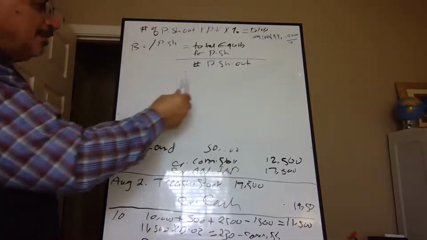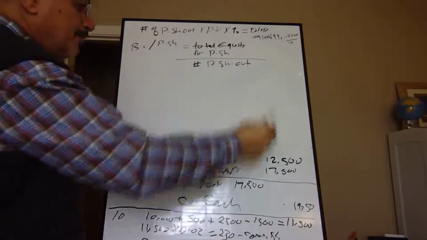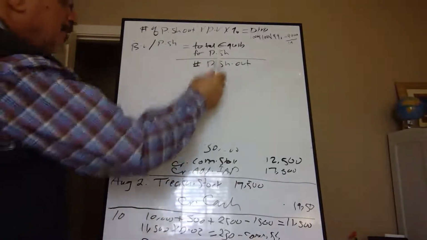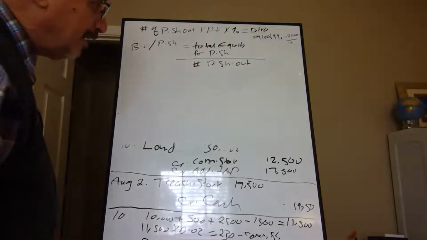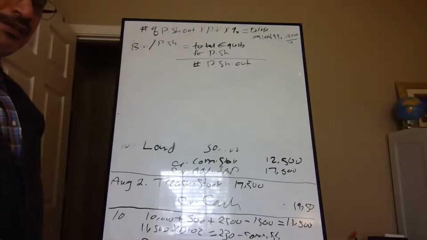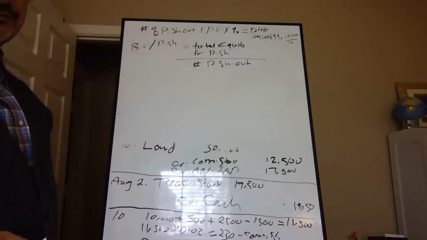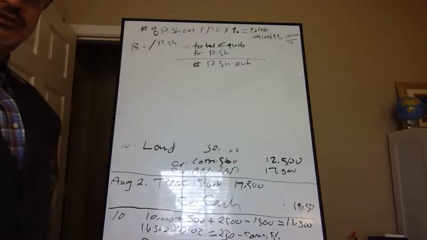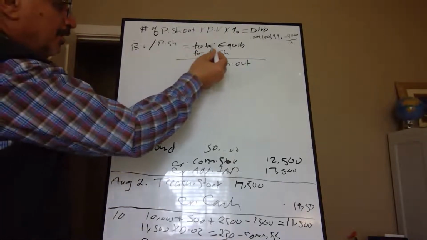Okay, the denominator is the number of preferred shares outstanding. For the numerator, what does the equity of the preferred shares include?